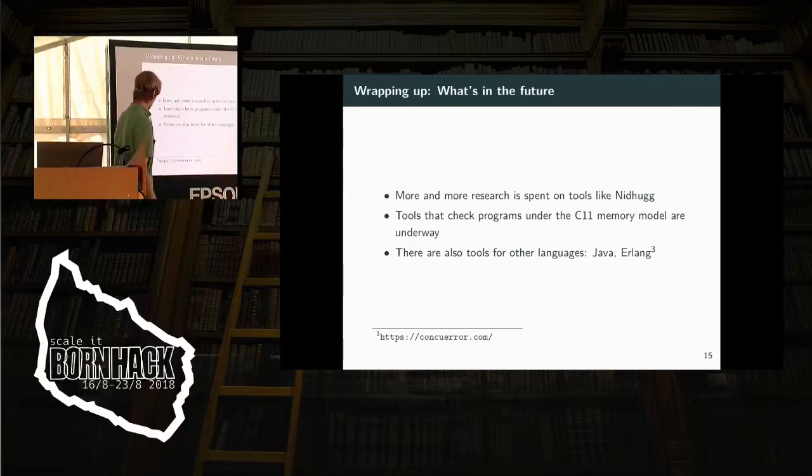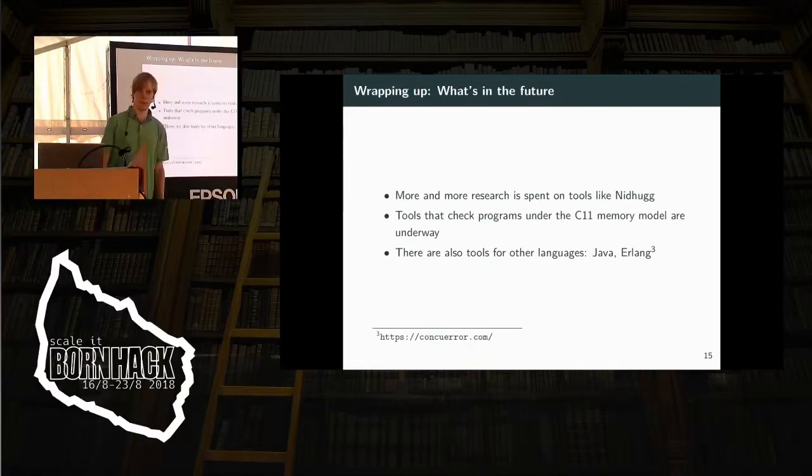But when they come out, you will be able to verify that your program, not just under the memory model of some particular CPU, like we did with Nidhugg here, but assuming a correct compiler, will behave the correct way on any CPU. And of course, all the skills I taught you here will be perfectly transferable to these tools because the underlying principle is the same. And also, if you are programming in some other programming language, Java, Erlang, there are tools for this as well.